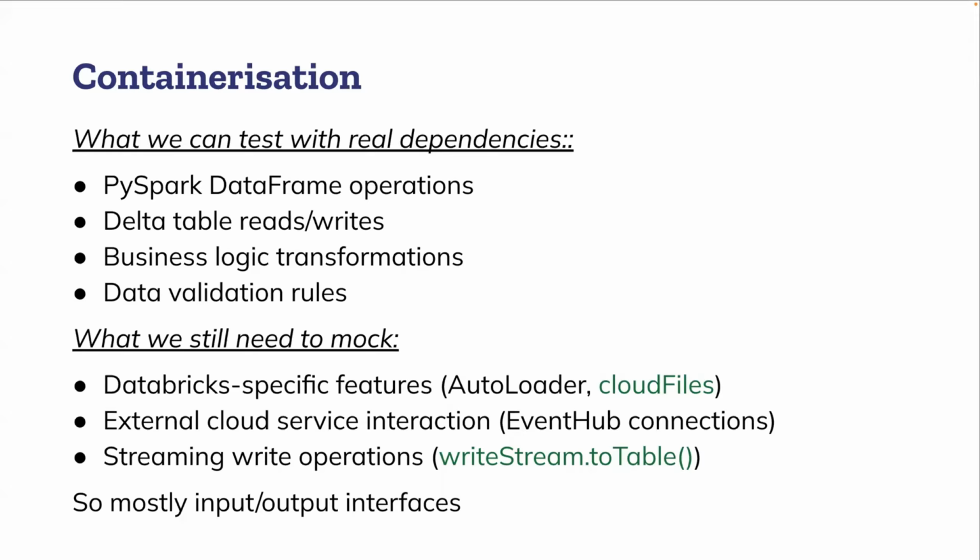If we have something in Kafka, we can also bring Kafka to a container. And then streaming write operations, that is also possible. So it's mostly input-output interfaces related to your actual cloud environment that you're going to have to mock.